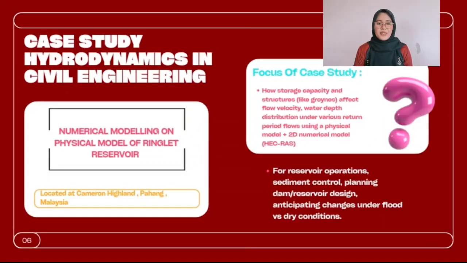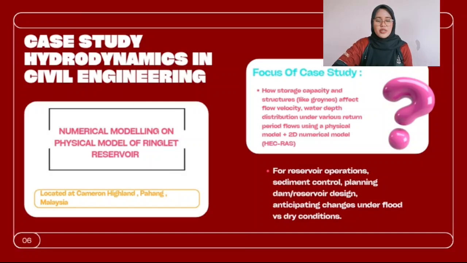Lastly, I will explain the case study of hydrodynamics in civil engineering. I take numerical modeling on a physical model of Ringlet Reservoir located at Cameron Highlands, Pahang, Malaysia. The focus of the case study is how storage capacity and structures like groins affect flow velocity and water depth distribution under various flow conditions, using a physical model plus a two-dimensional numerical model.